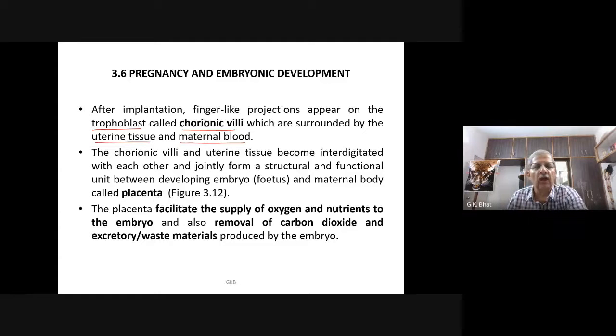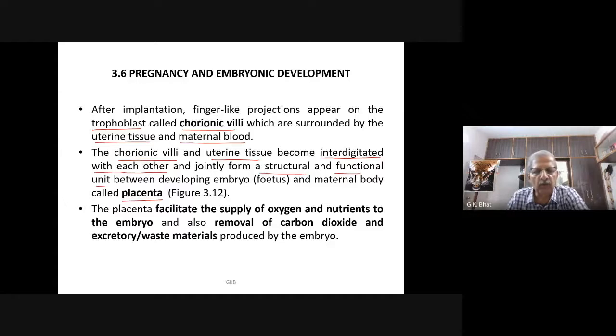That means the chorionic villi and uterine tissue become interdigitated with each other and jointly form a structural and functional unit. This structural and functional unit formed by the interdigitation of the chorionic villi from the fetal side and uterine tissue is known as the placenta.